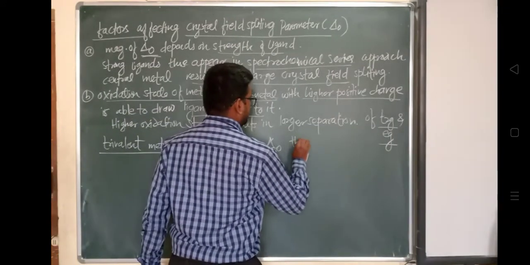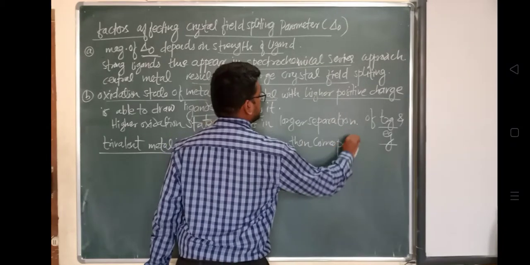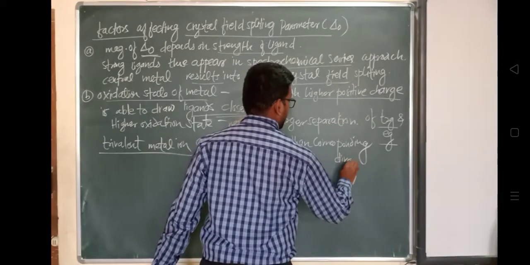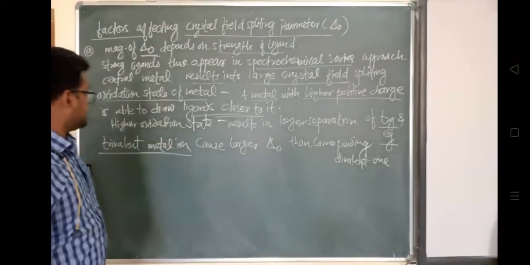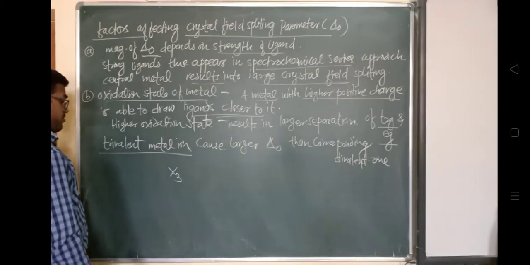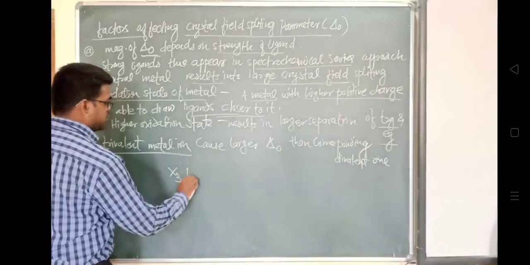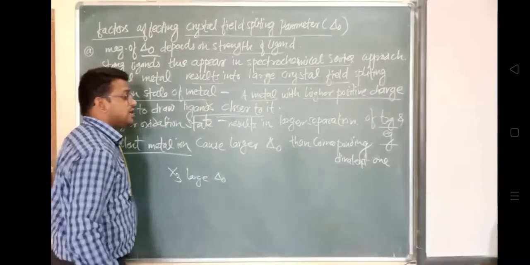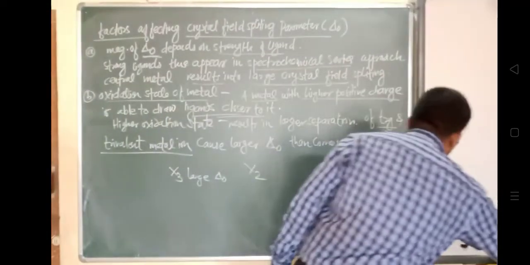Corresponding means the similar one. For example, if we consider an X3 type, it will cause a larger value of delta naught as compared with its X2. That is the general meaning of this term.